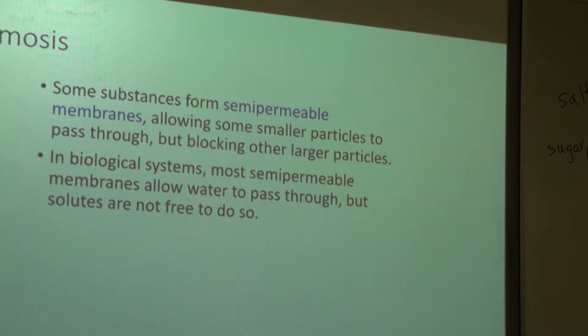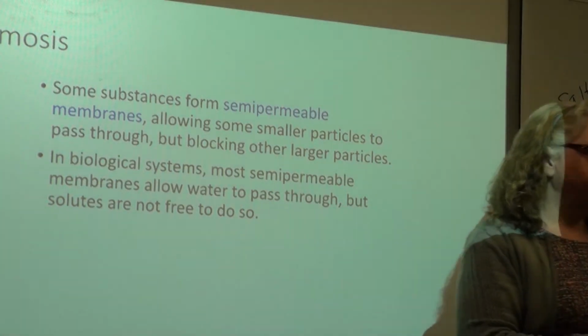Sometimes they're selective. In your body, your body has evolved to a state where it knows what it wants to let cross membranes, and so you have selective membranes. Sometimes it's not just the size, sometimes it's charged things that are not allowed to pass, okay? So they can be very selective about what they allow to cross over.